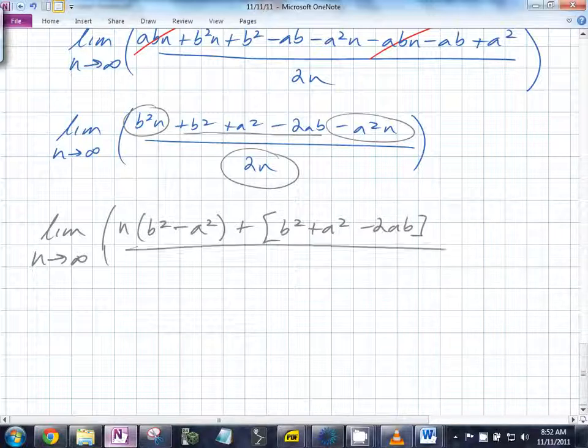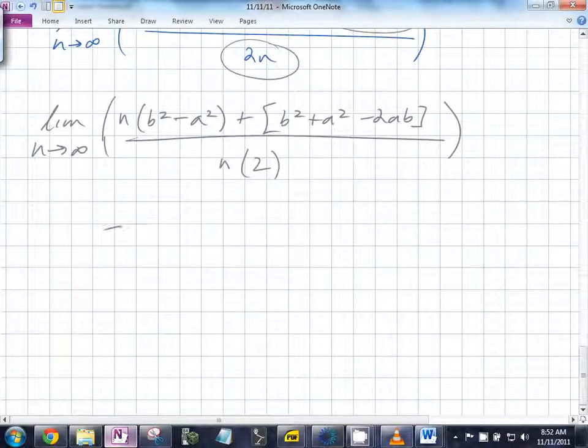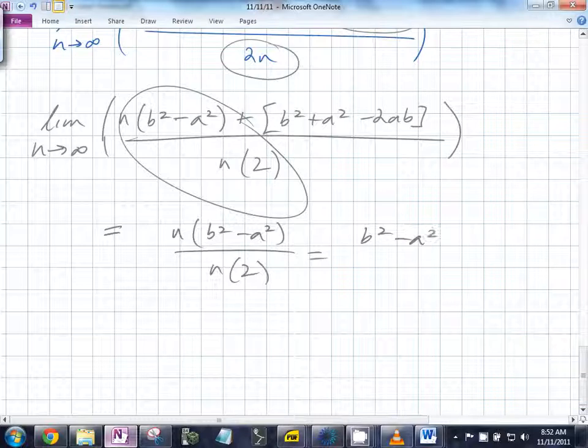Keep in mind, b and a are just constants. So this limit is going to be equal to n times b squared minus a squared all over n times 2, which is b squared minus a squared all over 2. Because as n gets huge, the relative importance of b squared and a squared and 2ab becomes insignificant. They're negligible.